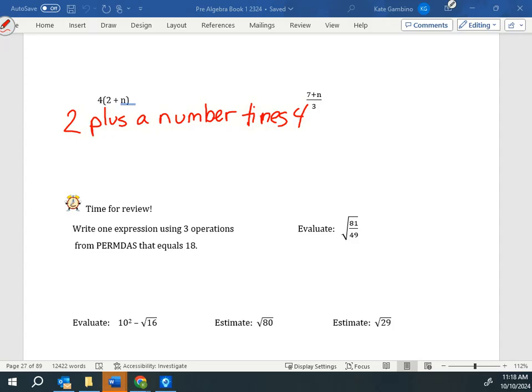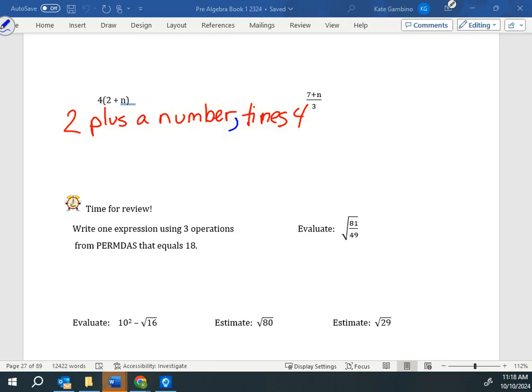Order of operations, what would I do first here? Christina? There's nothing in this verbal phrase telling me there's parentheses. So by order of operations, I would do number times 4 first. Is that what I'm supposed to do first? So Graham, you told me I should use a comma. Where would I put that comma? 2 plus a number, comma, times 4.